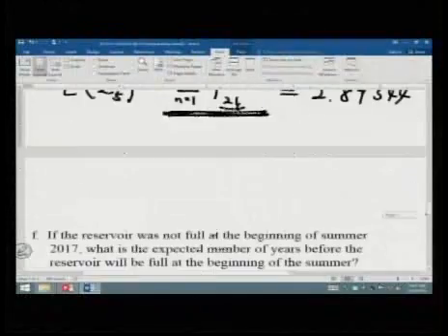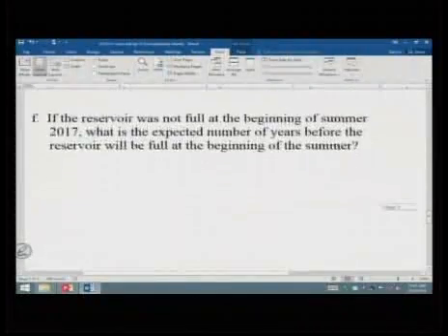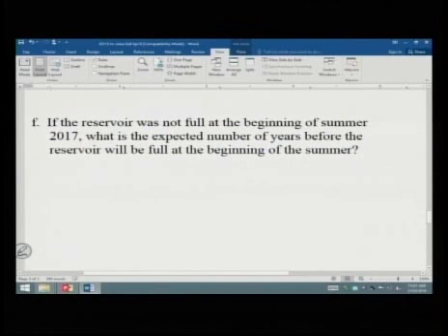Now let's go to the last question of this example. They ask you, if the reservoir was not full at the beginning of summer 2017, what is the expected number of years before the reservoir will be full at the beginning of the summer?